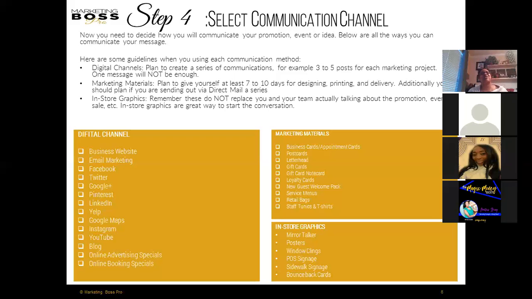And then in-store graphics. If you have a physical brick and mortar store, or you're going to be at a physical location, remembering the in-store graphics is also very important, because you want to communicate not only before your promotion and event, but during it. If you're hosting something live, or even online, you still want some way or graphic to let people know it's going on right now.